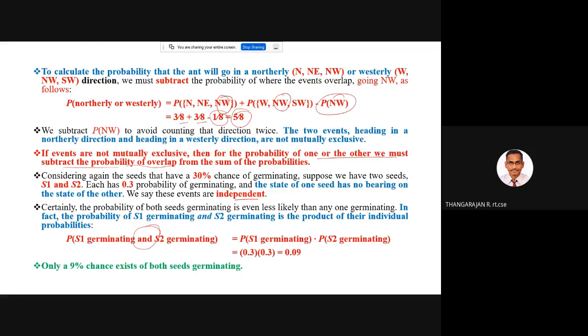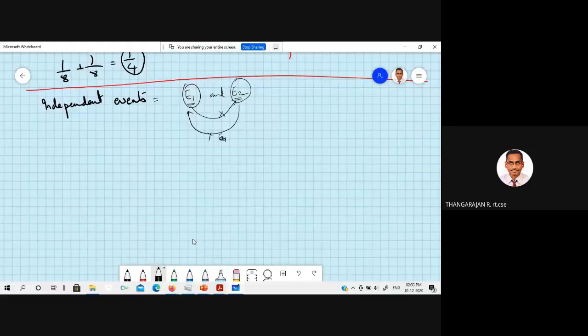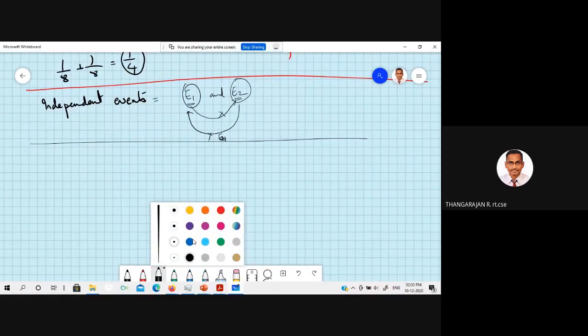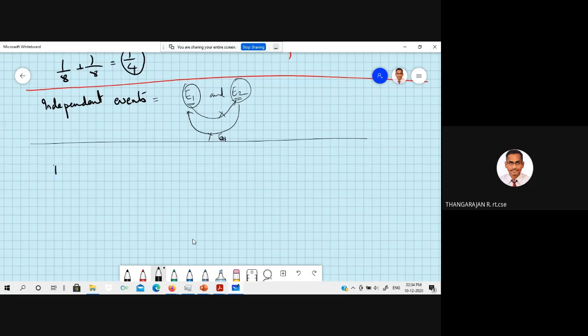So when I say the probability of S1 and S2, the probability of two events S1 and S2, when S1 and S2 are independent, we come to the concept of S1 and S2 occurring together.